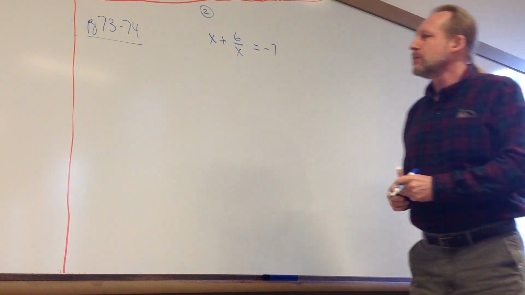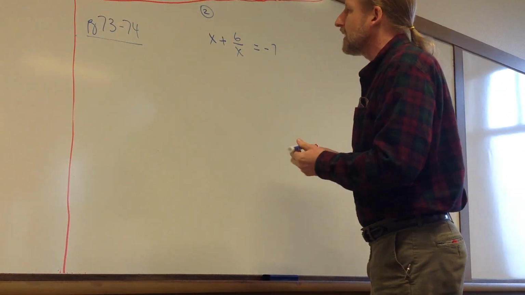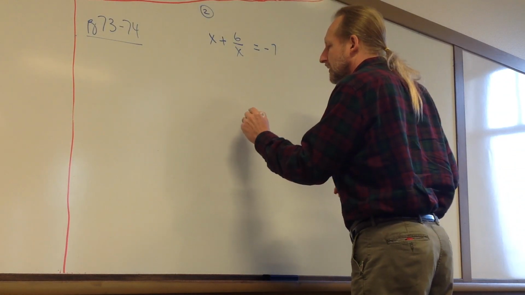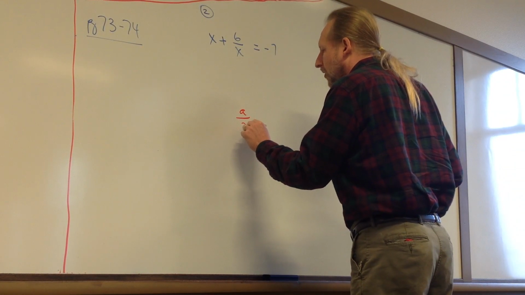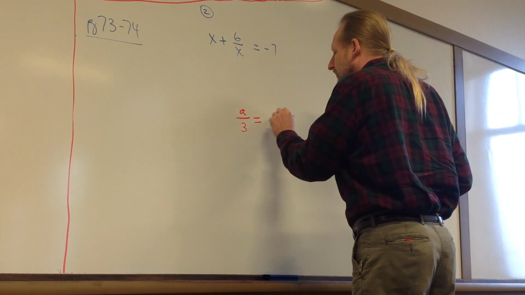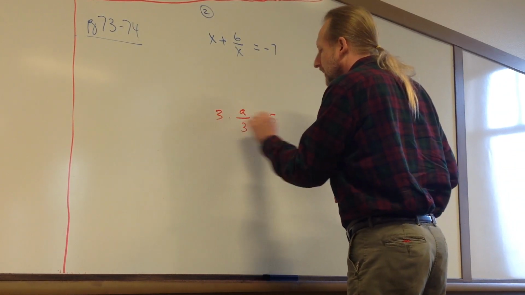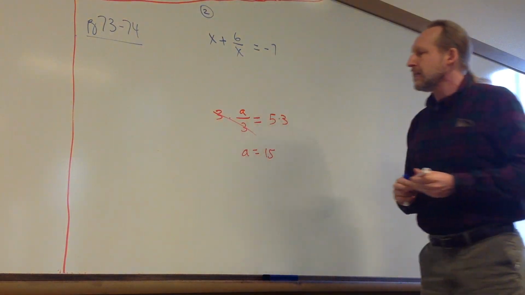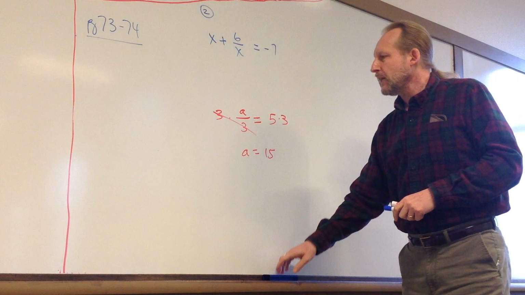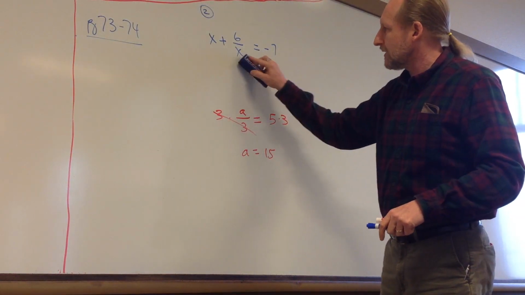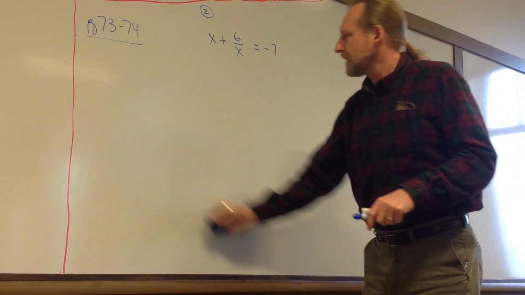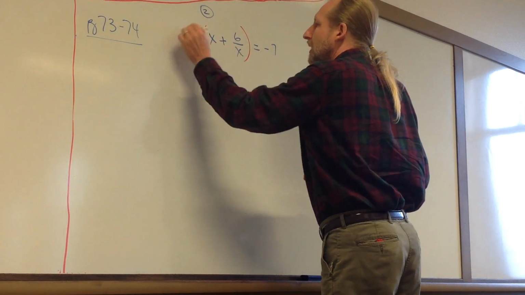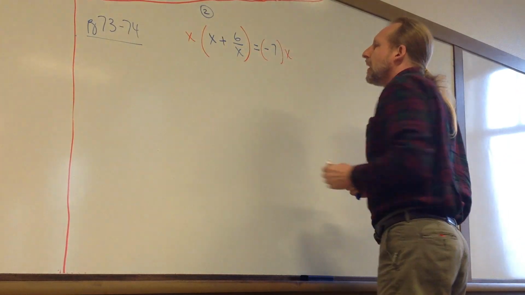If you had equations that said something like a over 3 equals 5, you could get the a by itself by multiplying on both sides by 3 and getting an answer of a equals 15. So that's the idea here, is that we want to clear out this denominator, which happens to be x. And we're going to do that by multiplying on both sides of this equation by x.